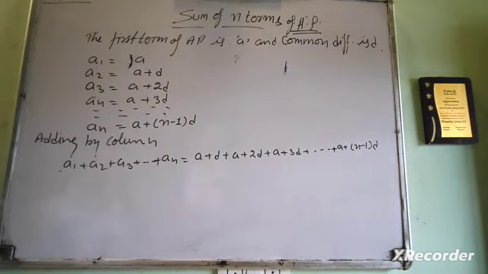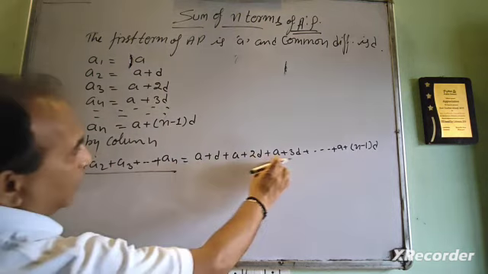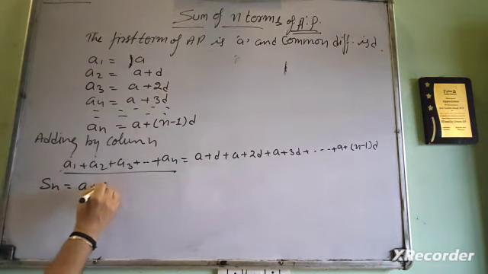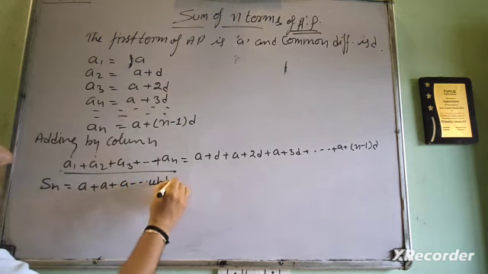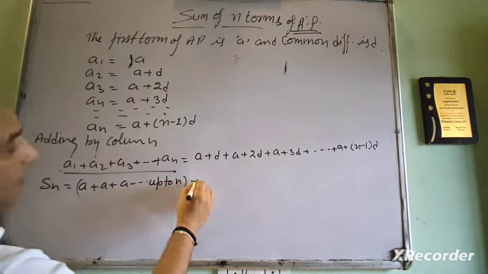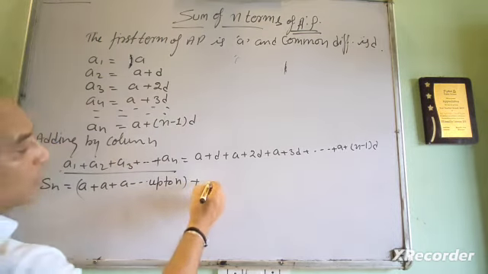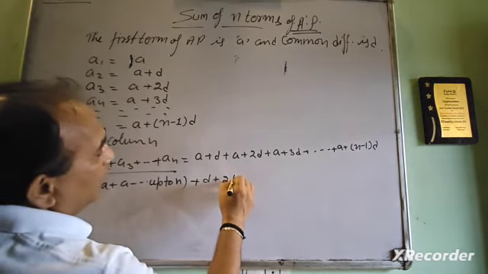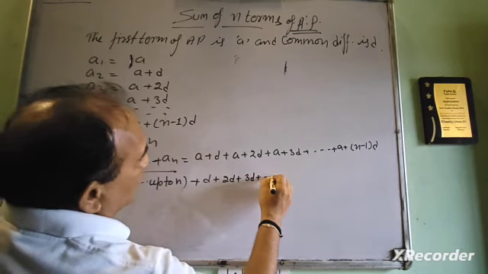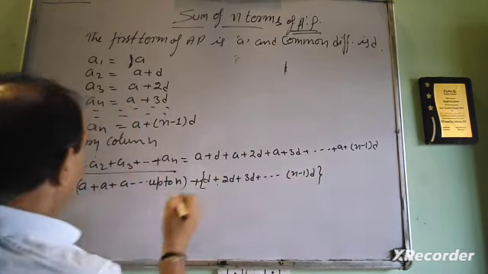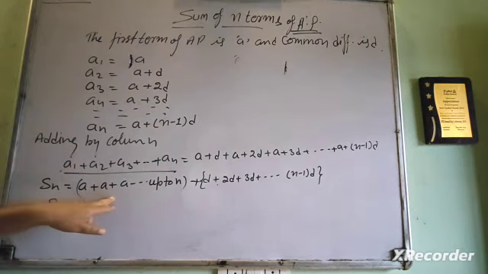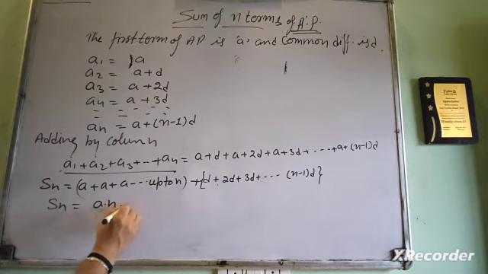Suppose this is represented by Sn. Now take all the a together: a plus a plus a plus so on, up to n terms. In the same way take all the d together: d plus 2d plus 3d plus so on, plus (n minus 1) into d.